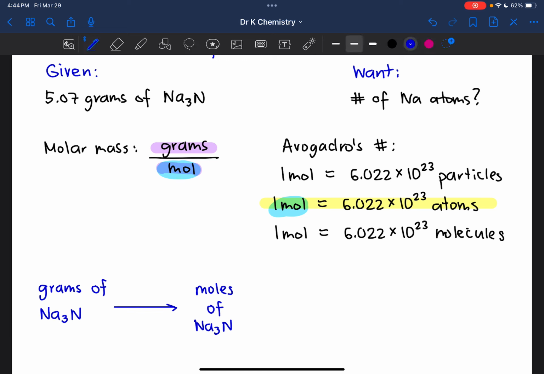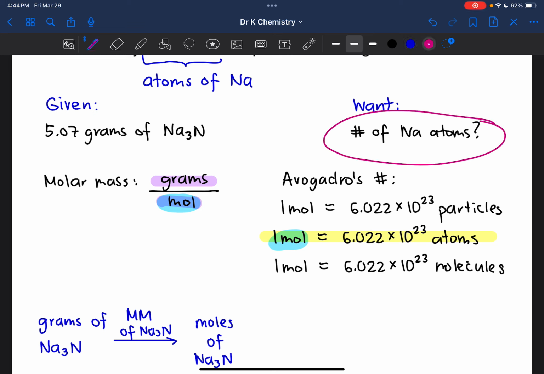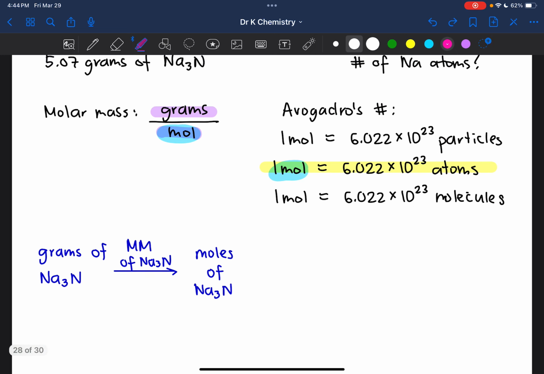And the piece of information that will get me there is molar mass, right? So I need molar mass of sodium nitride to get into moles of sodium nitride. Now, once I have that, I eventually want atoms of sodium alone, just sodium, not sodium nitride, so not the entire compound. I'm only interested in sodium.